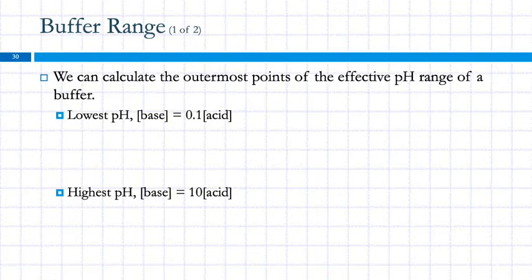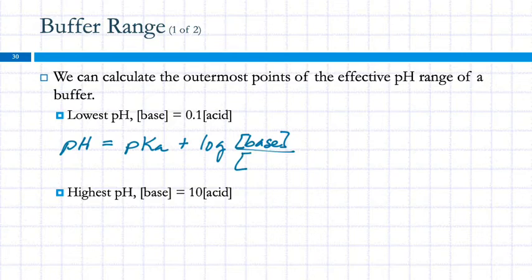So we can calculate the outermost points of the effective pH range of a buffer by looking at that 10 times factor. The lowest pH that will function as an effective buffer will be when the base is 1/10 of the acid concentration. So pH here will be pKa plus the log of the base over the acid.